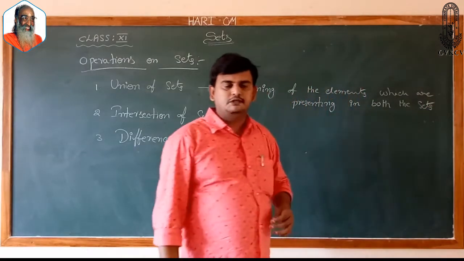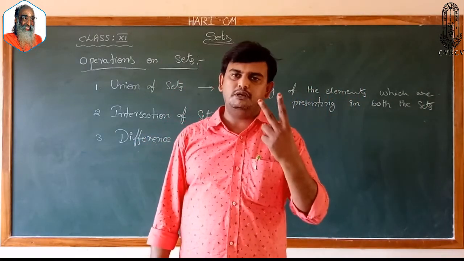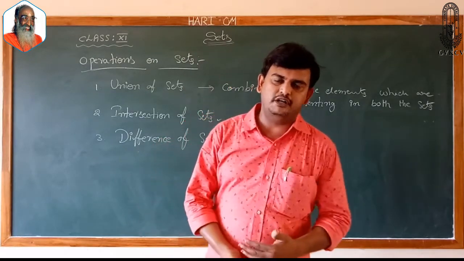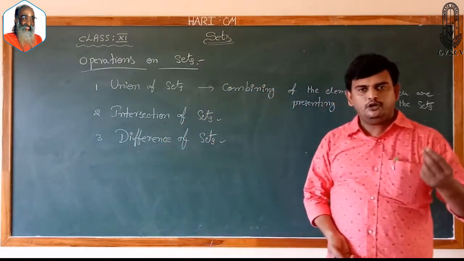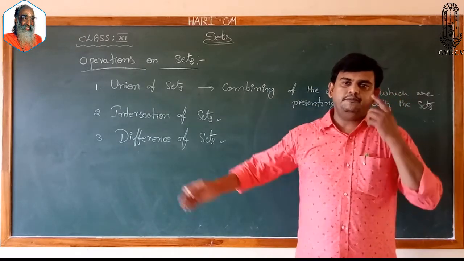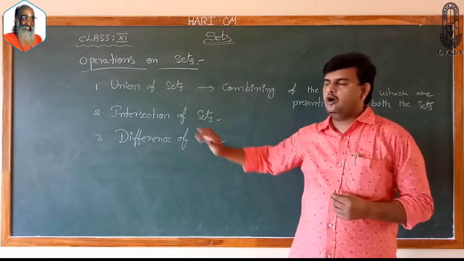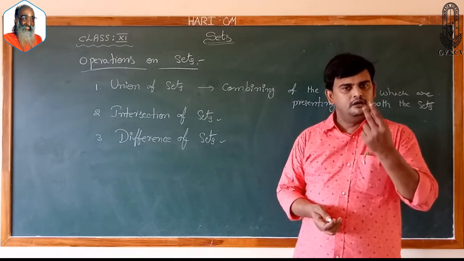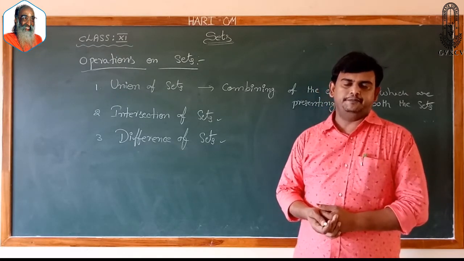Operation means we definitely need a minimum of 2 sets, just as to do addition, subtraction, multiplication or division we definitely require 2 numbers. Similarly, when we need to perform operations on sets, a minimum of 2 sets are required.